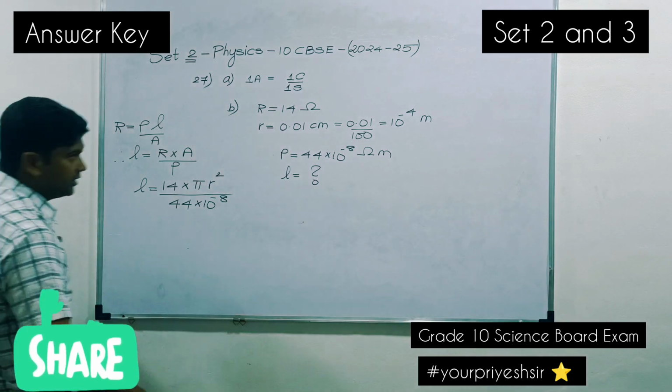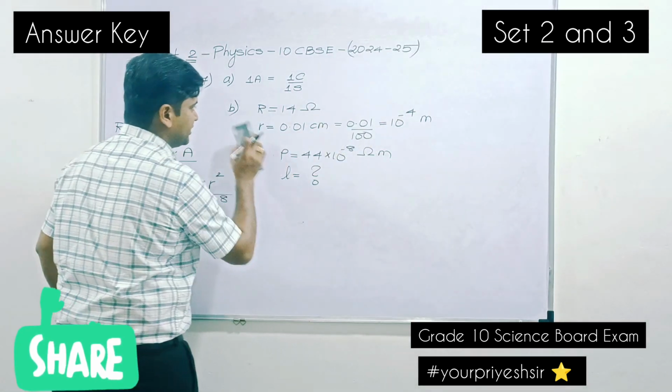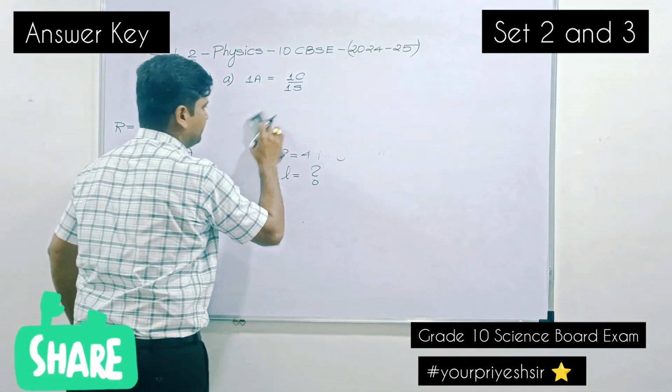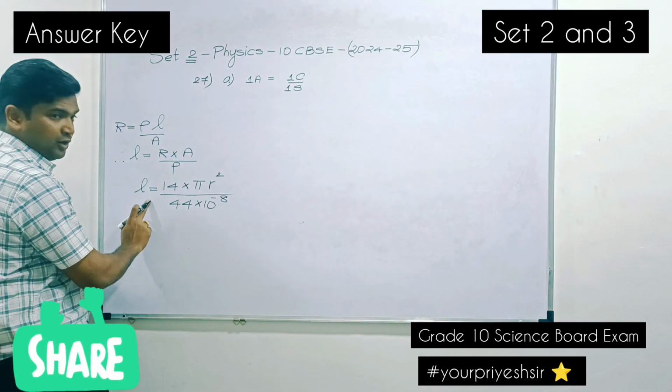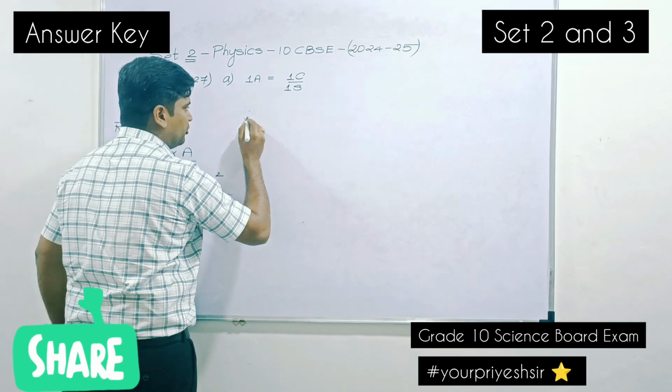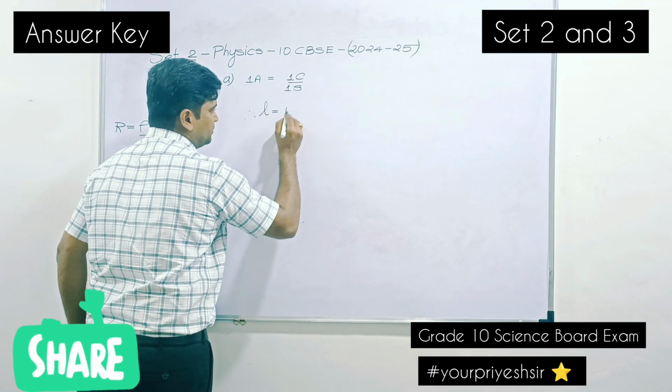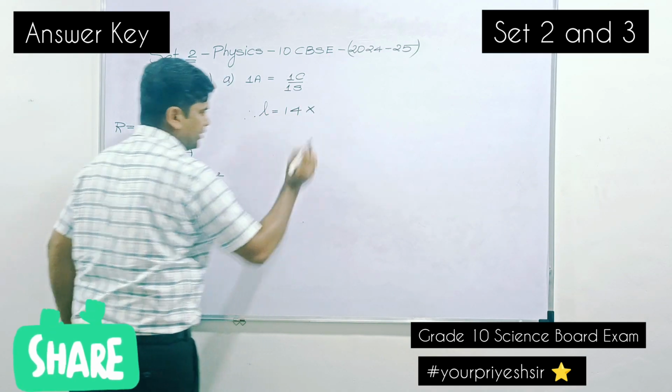Okay, good, good. Now I'll just clear all these things. ये तो सब given things लिखा है मैंने. Okay, अभी check करो बच्चा. So we got length. So therefore length is equal to 14.